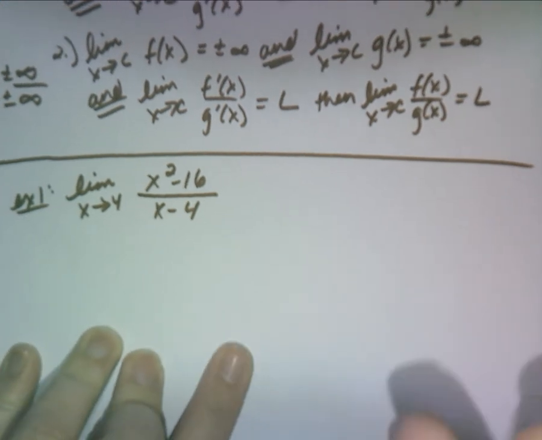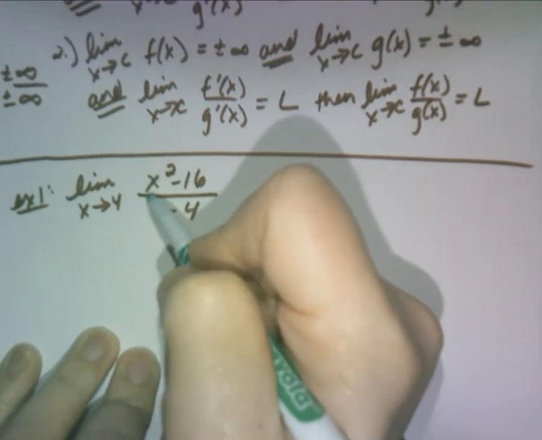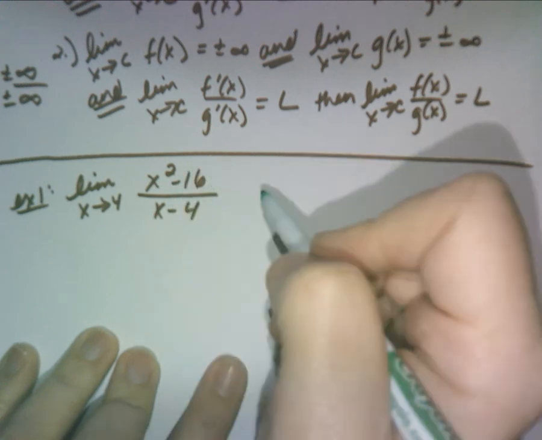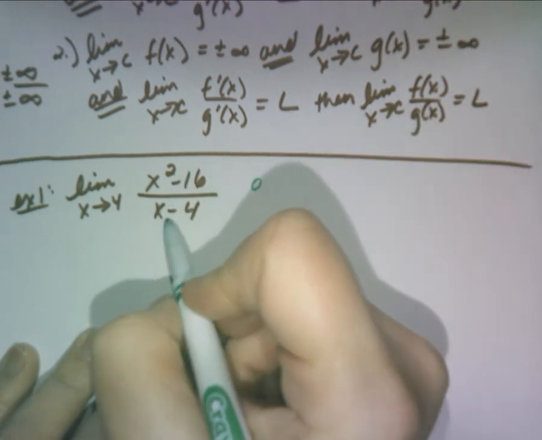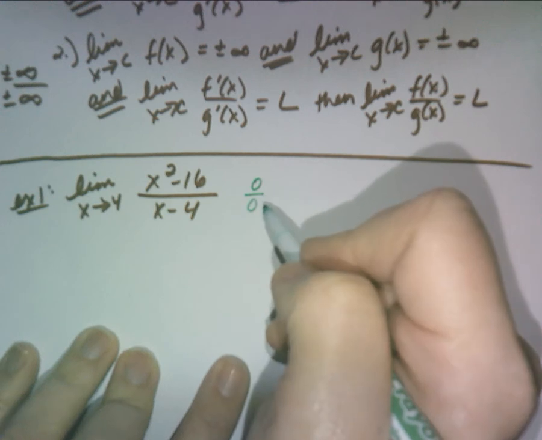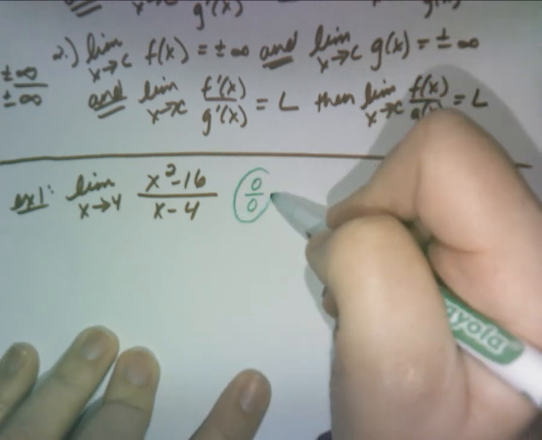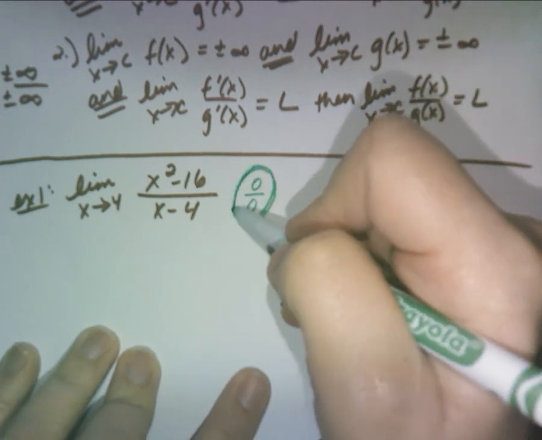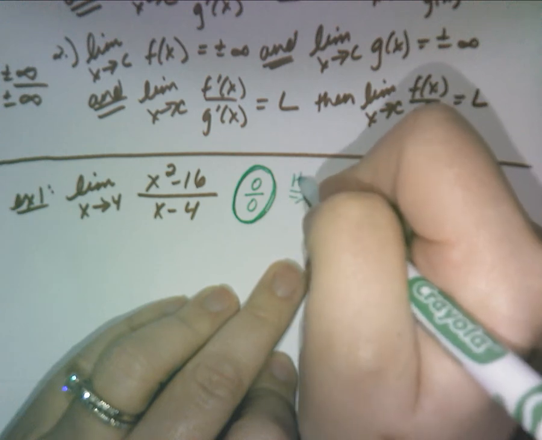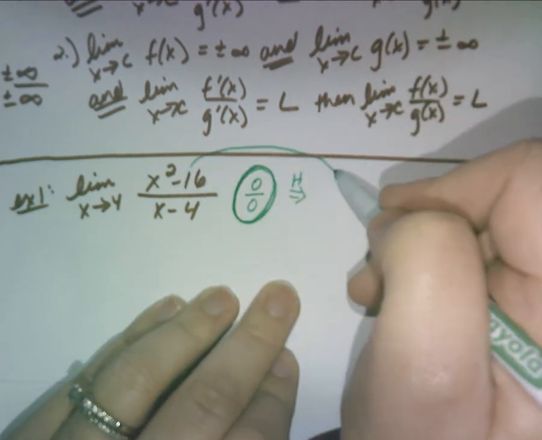So if you plug in 4 right now, 4 squared minus 16, what do you get? 0. What's 4 minus 4? 0. Oh, wait, that is an indeterminate form. If you get an indeterminate form, you are allowed to apply L'Hopital's rule, which says this.